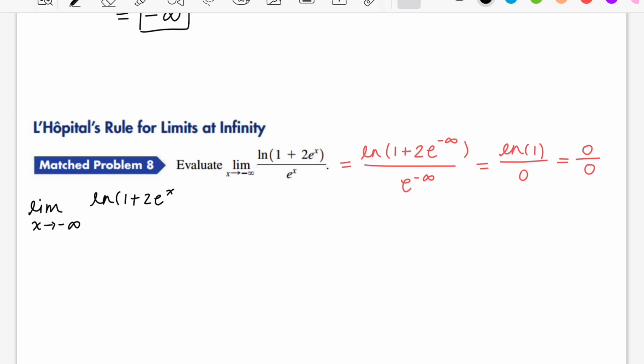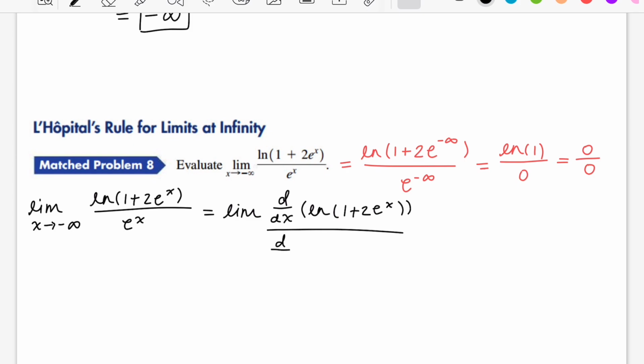This is the limit we want to evaluate, and we'll do so by taking the derivative of this on the top and the derivative of e to the x on the bottom.